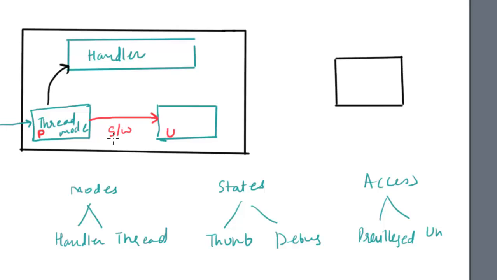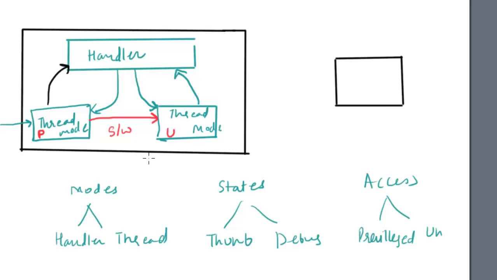You can modify some registers and switch to that mode. So again, when it is working here, it is in thread mode. Thread mode from an unprivileged access level could also generate an exception, and that again goes back to handler. Now from handler, depending on what code it is running, it could get back to the thread mode which is privileged, or it could go back to the thread mode which is unprivileged.